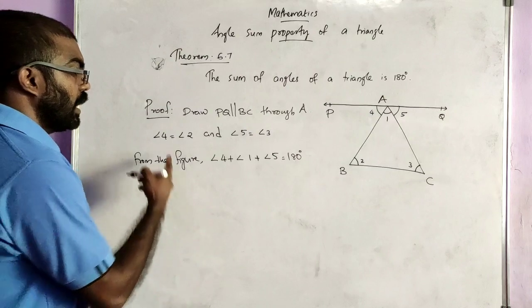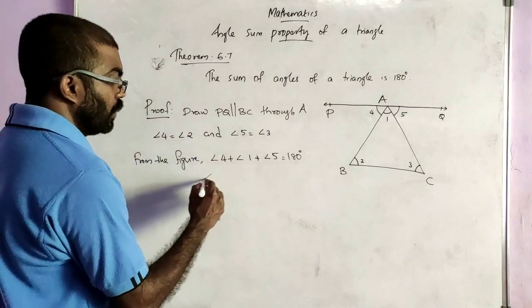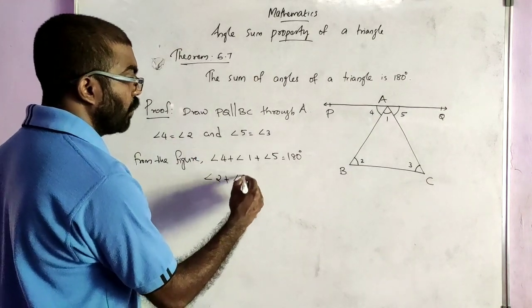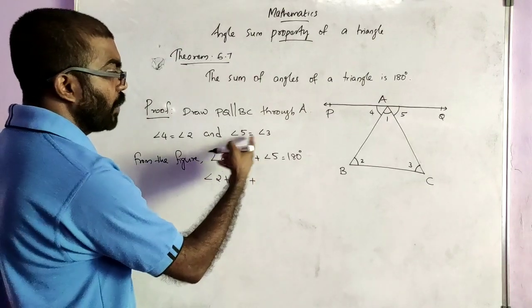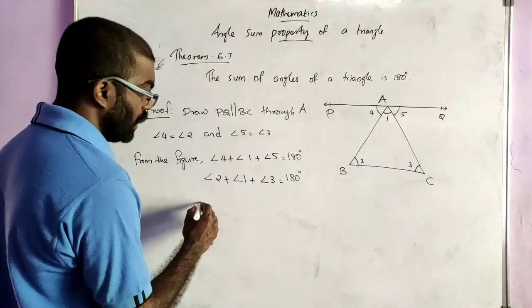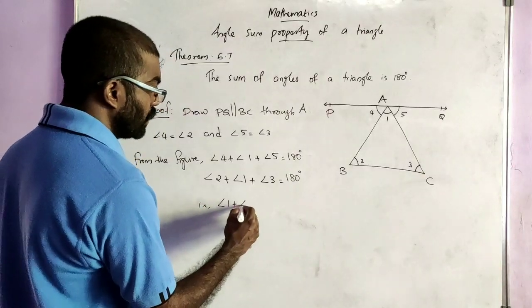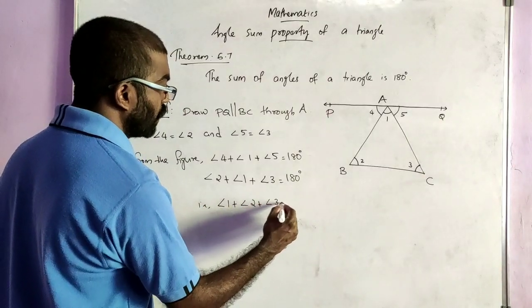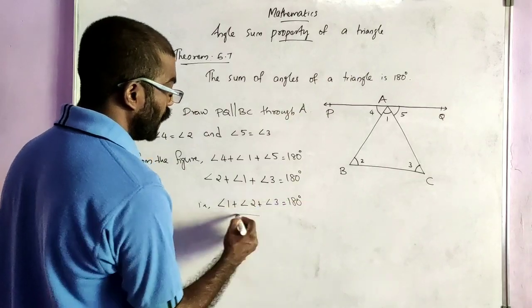Now we can replace angle 4 by angle 2, and angle 5 by angle 3, which gives angle 1 plus angle 2 plus angle 3 equal to 180 degrees.